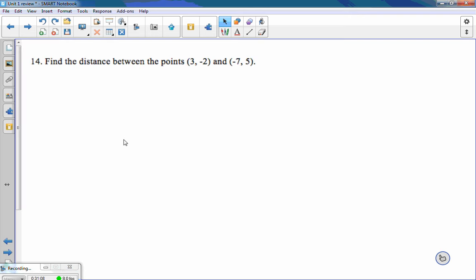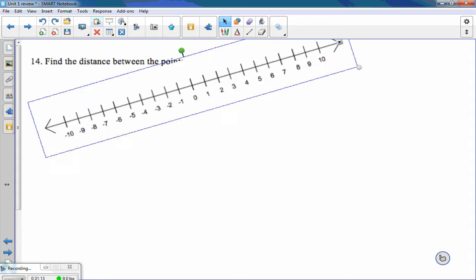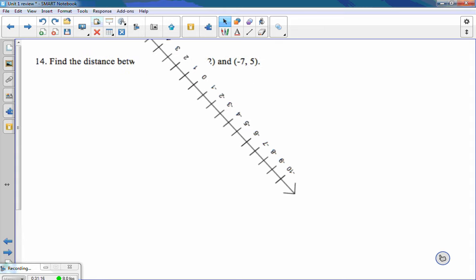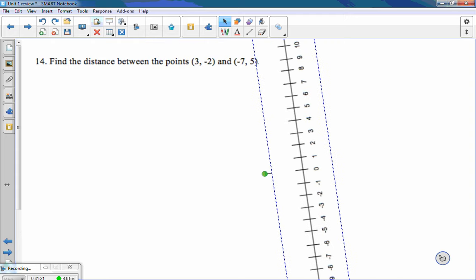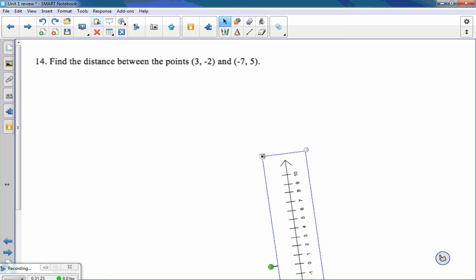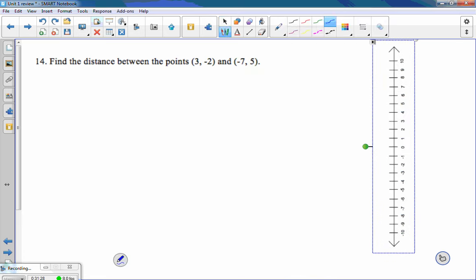You could use the graph, or if you have your number line, you could use your number line. Again, I only have it up to 10. You all have it all the way to 20. But this is just so you get an idea. You could graph it, and I will do the graph method on the next problem. Now, if you had no idea, Miss Nash, I don't know how to get from -2 to 5.